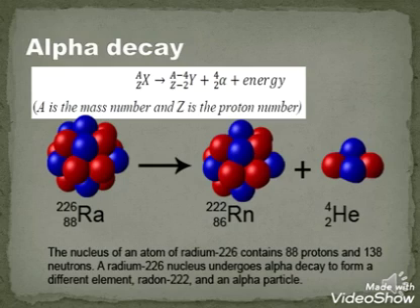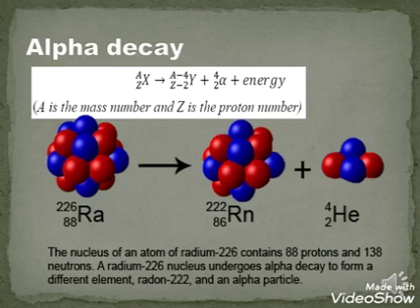Radium has 88 protons. So again, following the equation given, to get the proton number of the daughter nucleus, 2 must be deducted from the proton number of radium. So 88 minus 2 is equal to 86. So an element having 86 protons is radon.